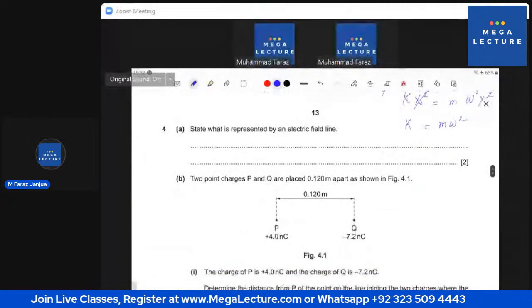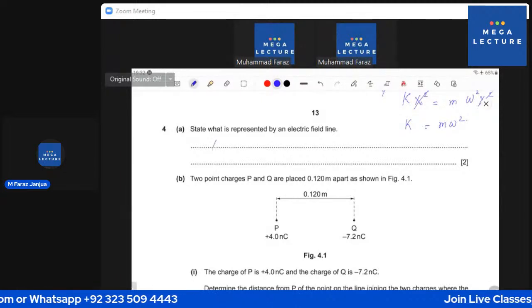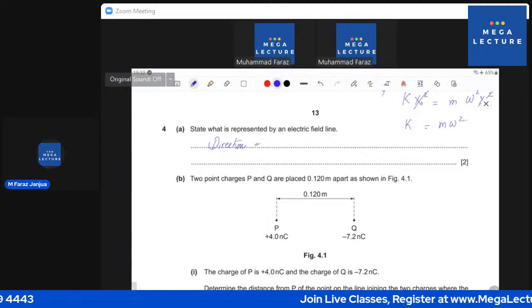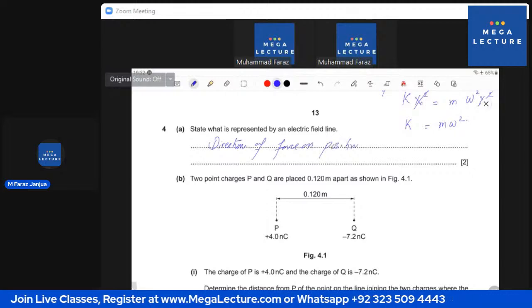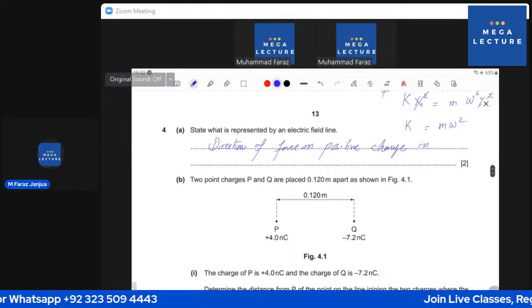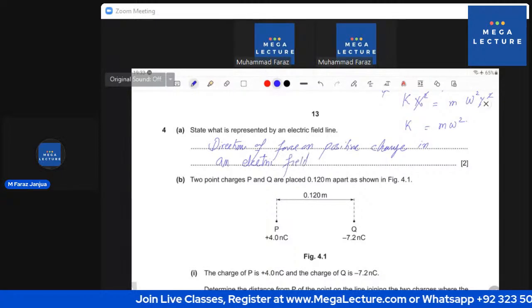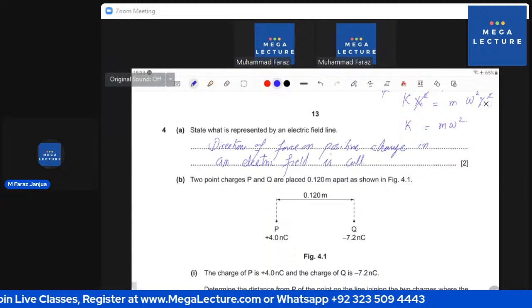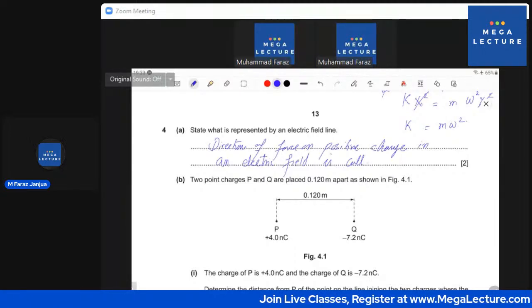State what is represented by an electric field line. The direction of force on a positive charge in an electric field is called an electric field line.